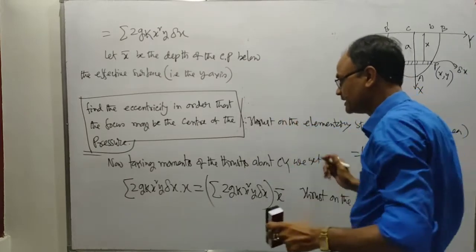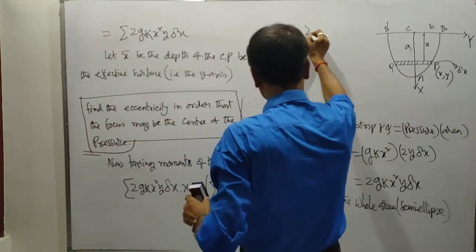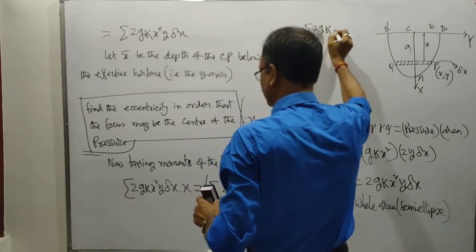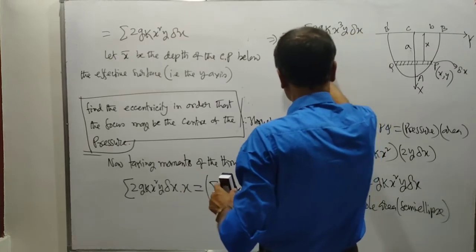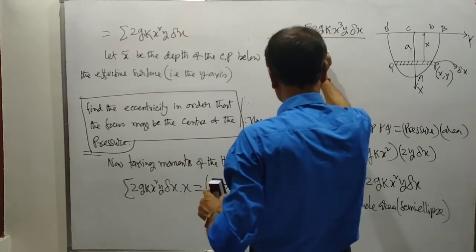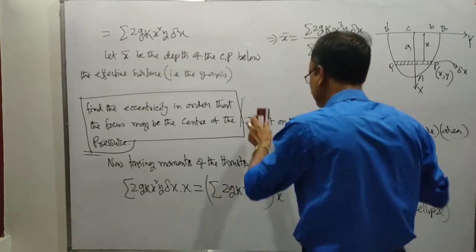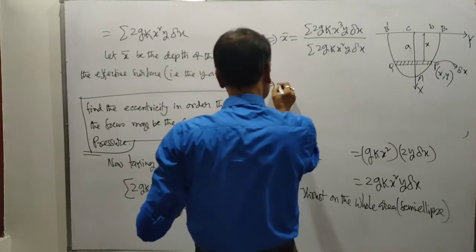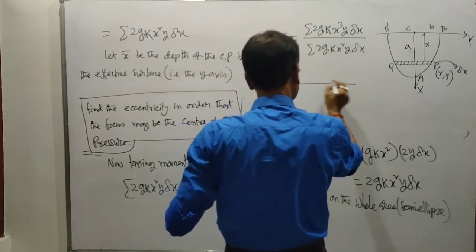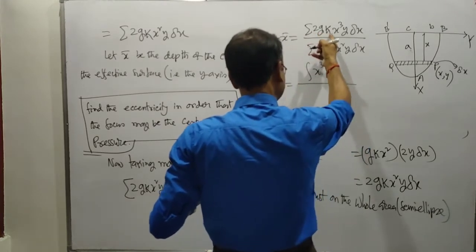Now, this means x bar is equal to the summation of 2 zk x cube y delta x divided by the summation of 2 zk x square y delta x. This means 2 zk will be cancelled.